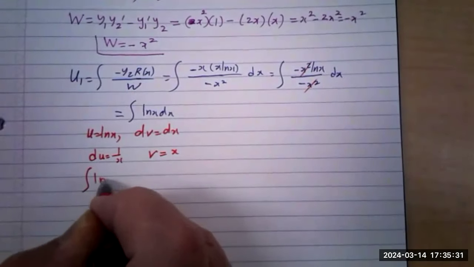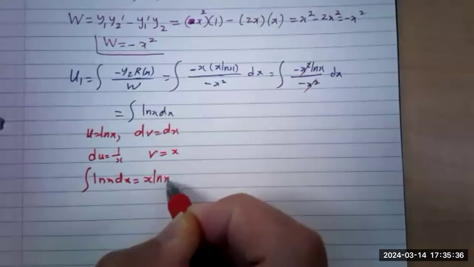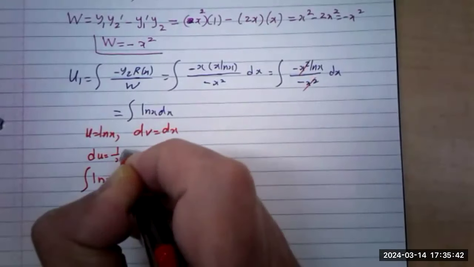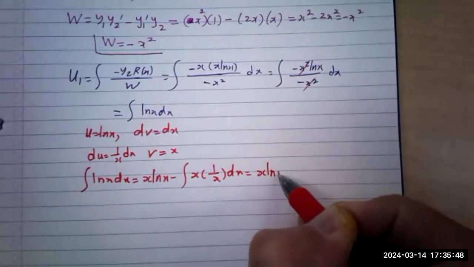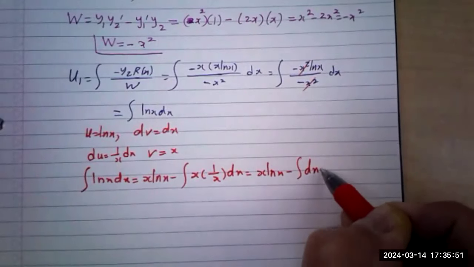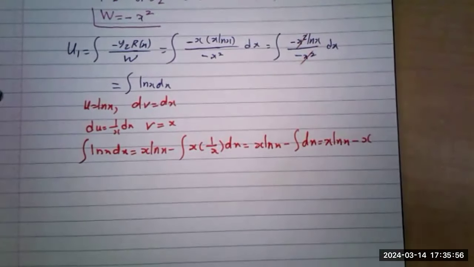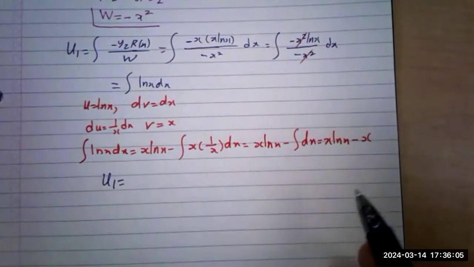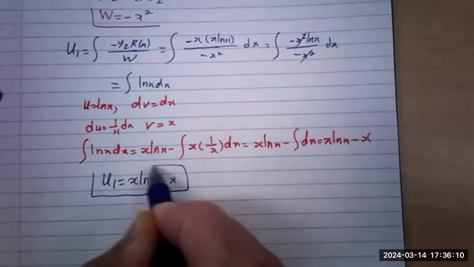Integration by parts: uv, x ln x, minus the integral of v du, which is the integral of dx, which is x. So the integral of ln x dx is x ln x minus x. So this is u1.